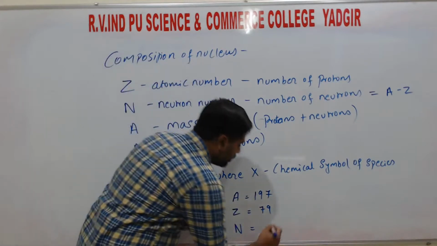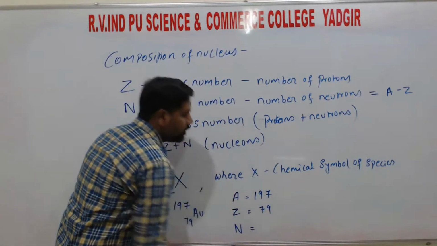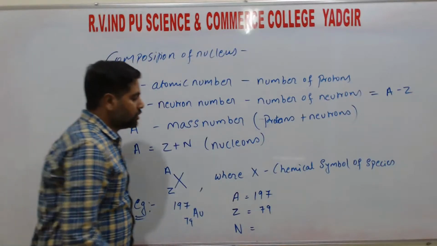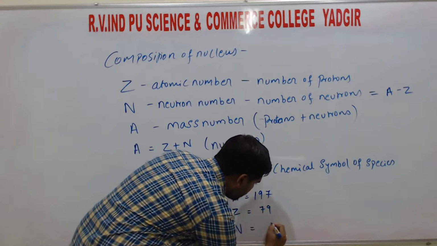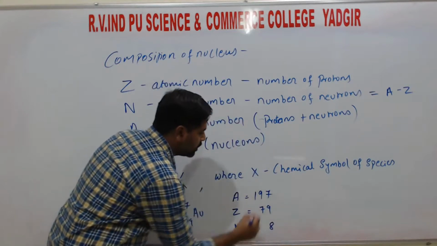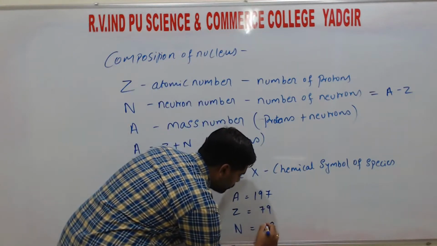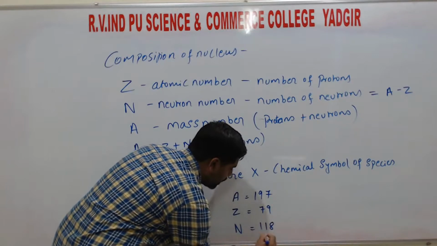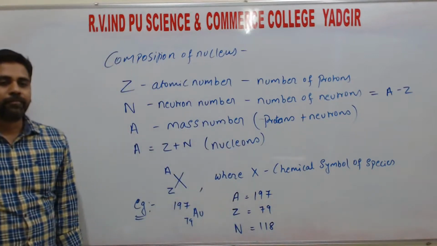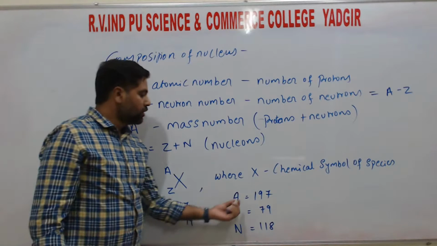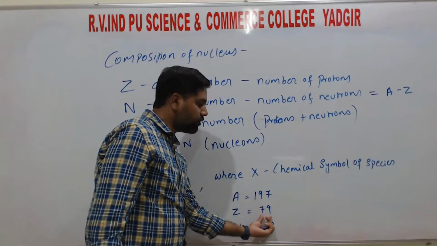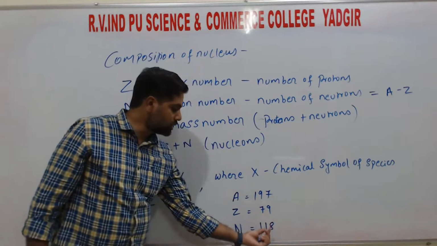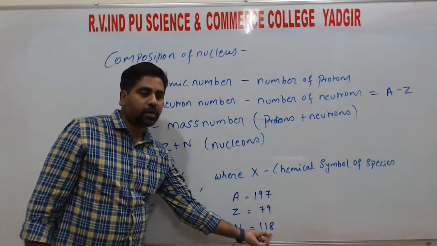So if we subtract 197 minus 79, here we get 17 minus 9 is 8. Next, 8 minus 7 is 1, and we get 118. So this indicates that the mass number A consists of 79 protons and 118 neutrons.